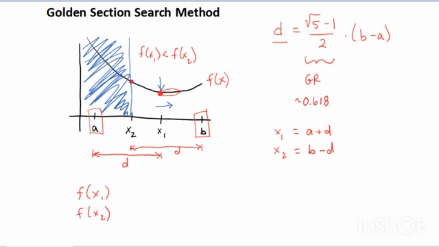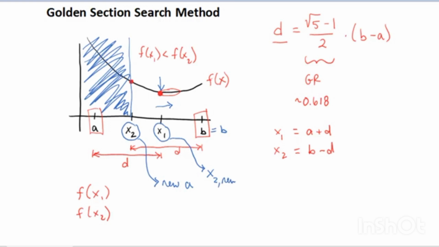And then the final step of this iteration is to redefine x2 as our new a, the lower bound of our interval. B is still going to be the same. We're not doing anything with that, similar to the bisection technique. And then with this technique, because of the mathematics of this, we're going to rename x1 to be the new x2.